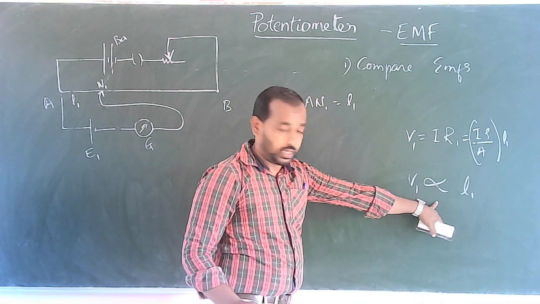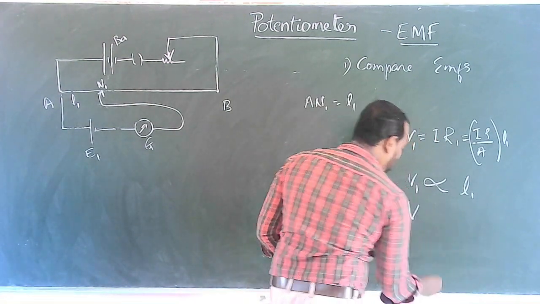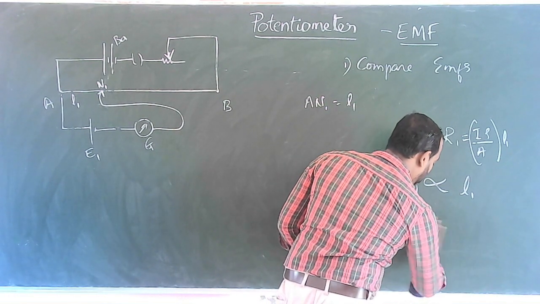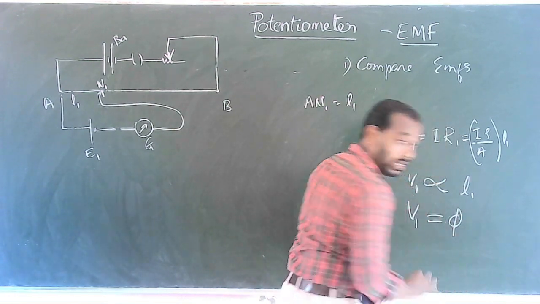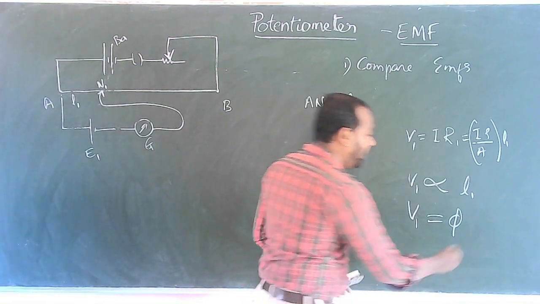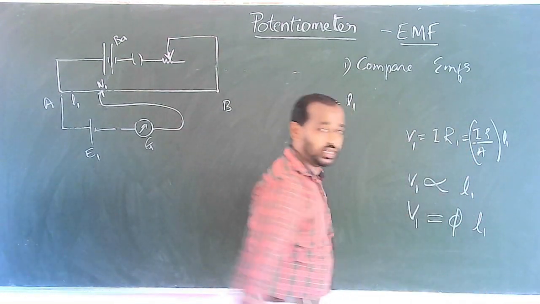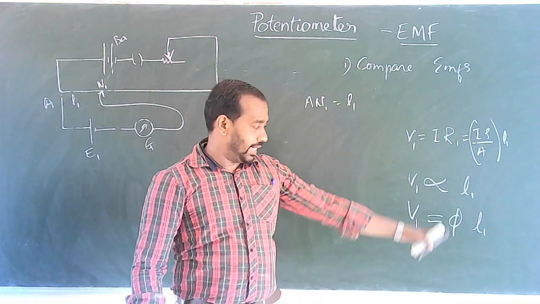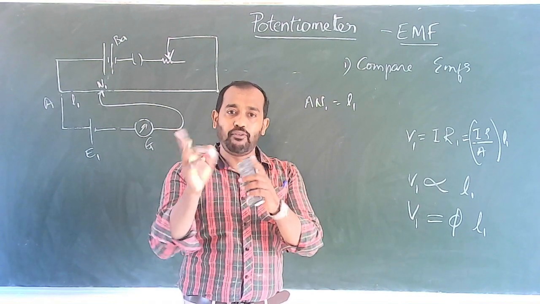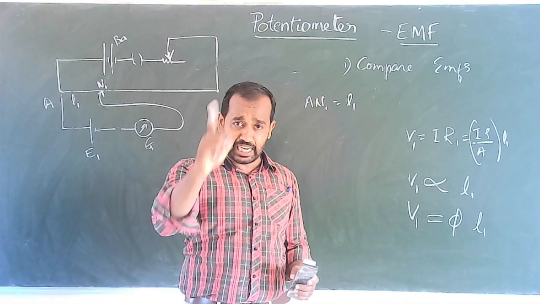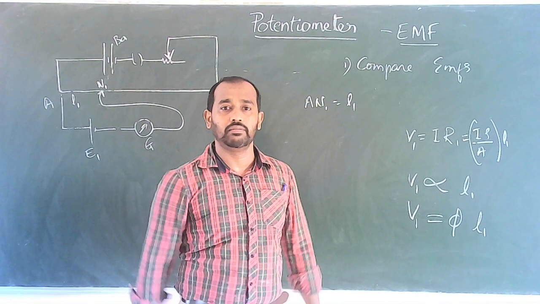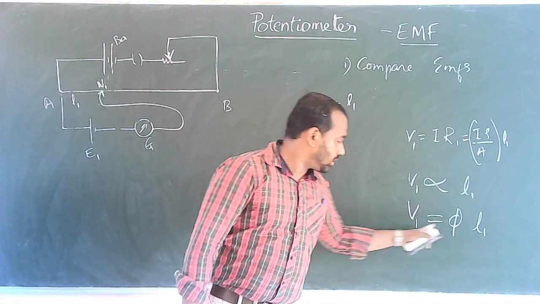To introduce a proportionality constant, we represent it as V1 equals phi into length L1, using the Greek letter phi. L1 is known as the balancing length, where the deflection in the galvanometer is exactly balanced at the center, which is equal to 0.